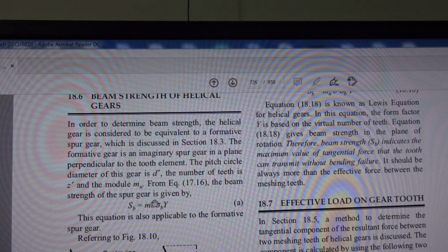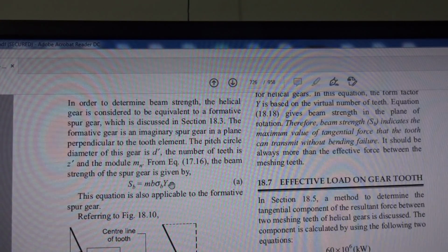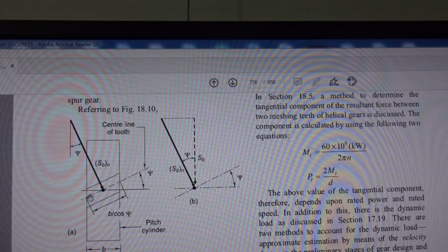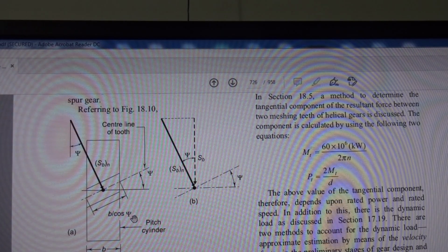So for a spur gear, the beam strength is M B sigma b Y. It is considered a spur gear in this plane. In this plane, suppose the beam strength in the normal direction is denoted by SBN.